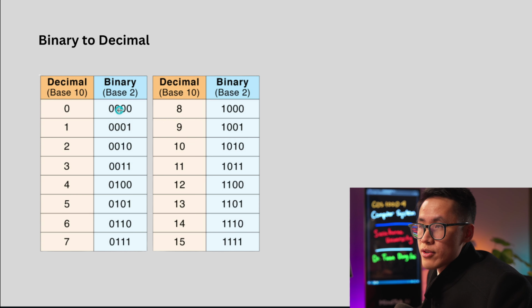So 0 would be 0, 1 would be 0, 0, 0, 1, 2 would be 1, 0, and 3 would be 1, 1. And to go from 3 to 4, because we are running out of digits, we will use another digit called 1, and then we put 0, 0 underneath. And then we repeat the patterns up until 15.